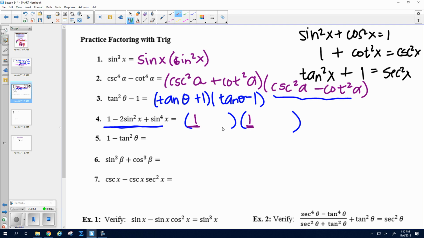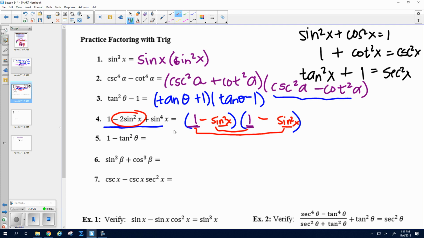These next 2 spots have to multiply to be a positive sine to the 4th x. So we could put a sine squared x times a sine squared x. It could be a positive times a positive, or a negative times a negative. How do I know? My middle terms, a sine squared x and a sine squared x, have to add to be negative 2 sine squared x. So they both have to be negative.